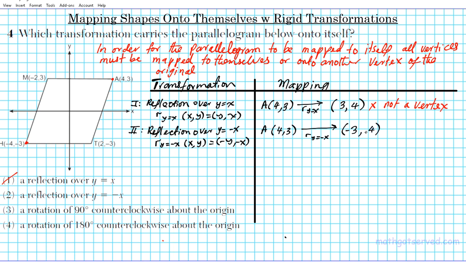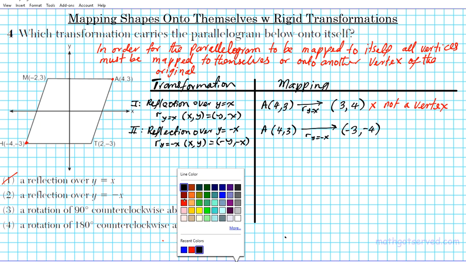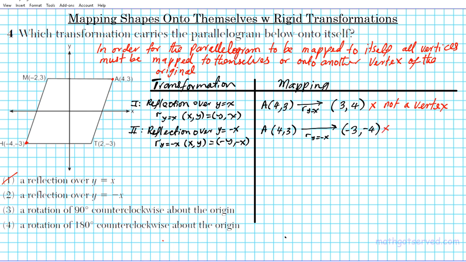So this will be negative 3 and negative 4. Is this point present on this parallelogram right here? The answer is no. We have another fail. This point is not a vertex. So this point 4, 3 is getting mapped somewhere else and is not mapped to this point or any other vertex. This transformation does not carry this parallelogram onto itself.